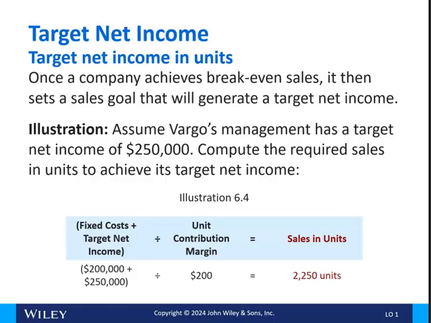So in this case, if we're targeting $250,000 of income, we add that to our fixed costs of $200,000 and then divide by our unit contribution margin, just like we did for the break-even analysis to get the units. We see that we need 2,250 units of sales in order to achieve that $250,000 of profit.